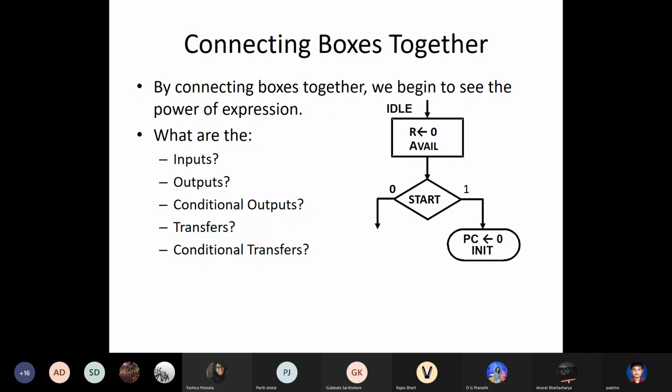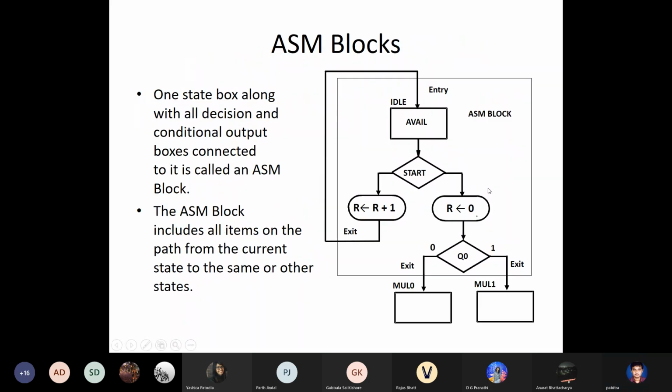All right, so this basic combination of these 3 is called an ASM block. I have written this down as an enclosing square. This is called an ASM block.